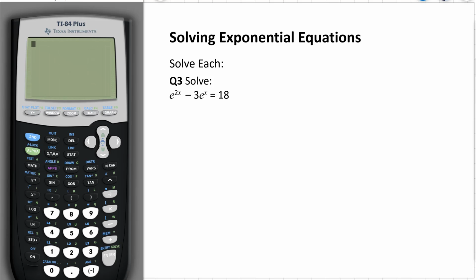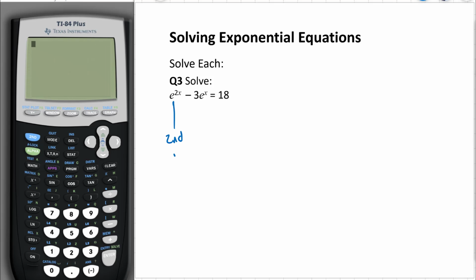It's called the substitution strategy. What I'm going to do here is, first of all, begin by noticing that this one is second power because it is like e to the x squared. Excuse me. And then this one is first power because it is just e to the x.